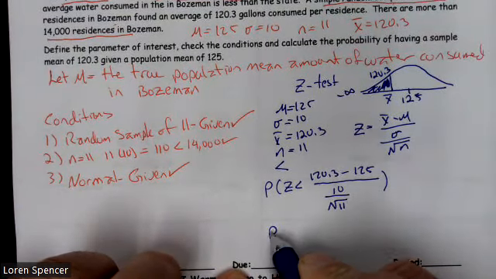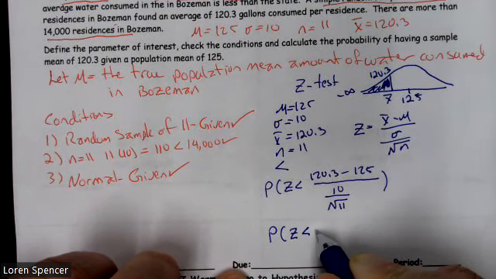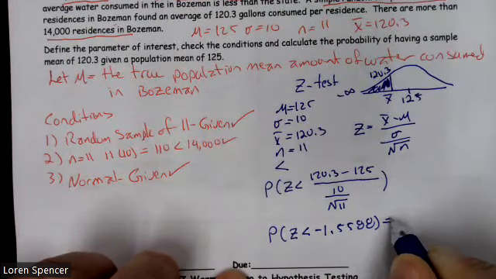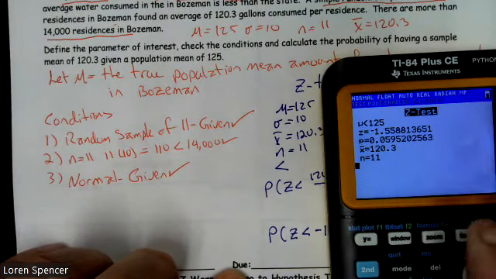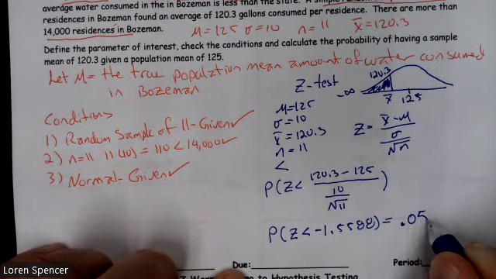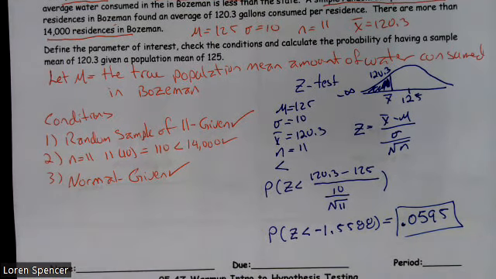So the probability that z is less than negative 1.5588 equals 0.0595. That's the probability we're looking for. We do need to start recording our z-scores.